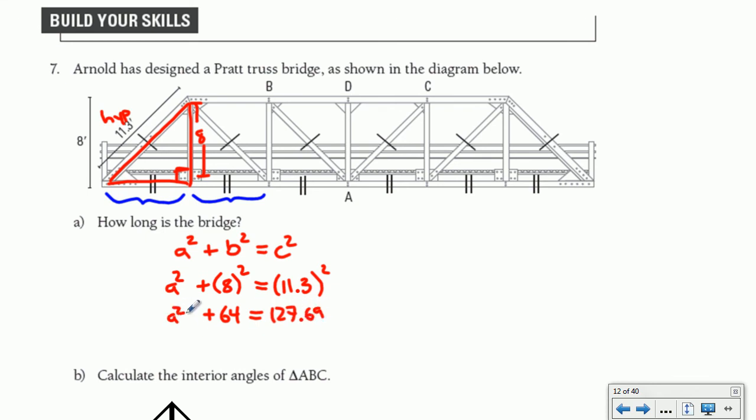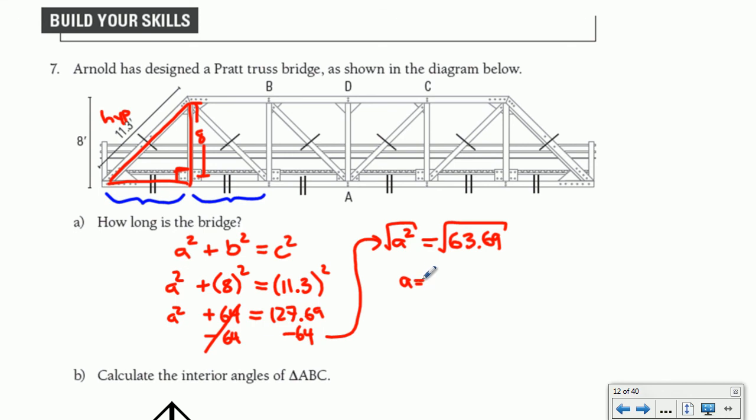So that's A squared. And we want A on its own, so we can subtract 64 from both sides. That gets rid of it from the left, and then we have now just A squared on the left, and 127.69 minus 64 gives 63.69, and then we square root both sides to get A on its own.